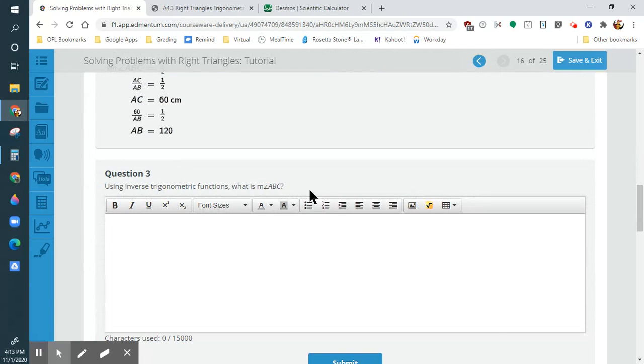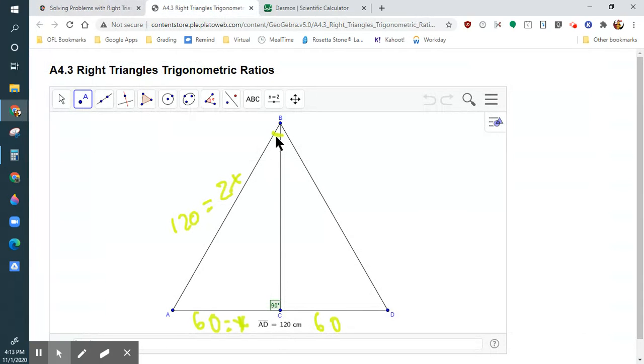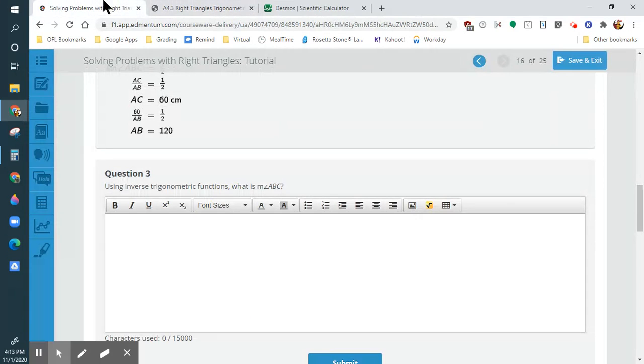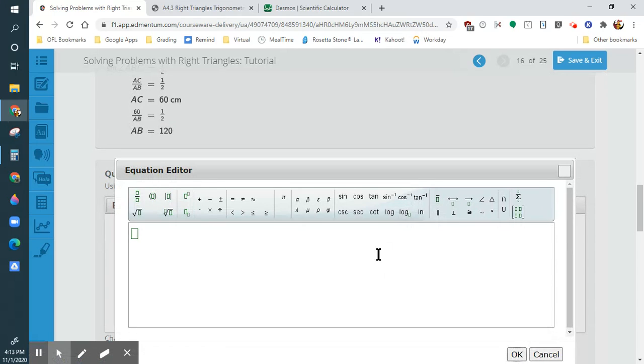All right, so the inverse trig function of ABC. Using the inverse trig function, what is the measurement of angle B? So we're going to find the measurement of angle B. You can actually use the sine inverse here to make it a little easier.